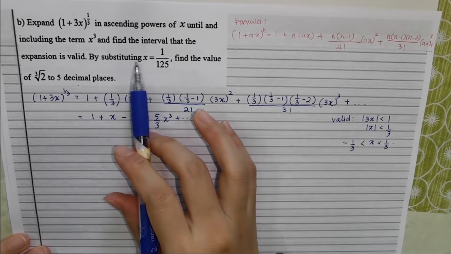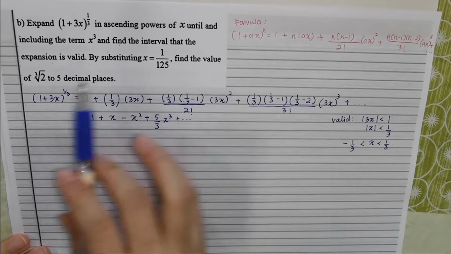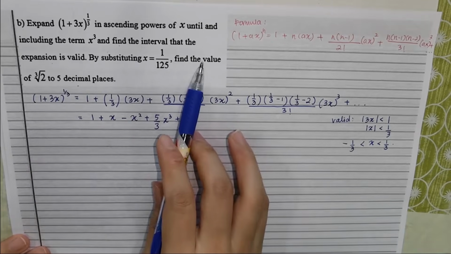By substituting x = 1/125, find the value of the cube root of 2.